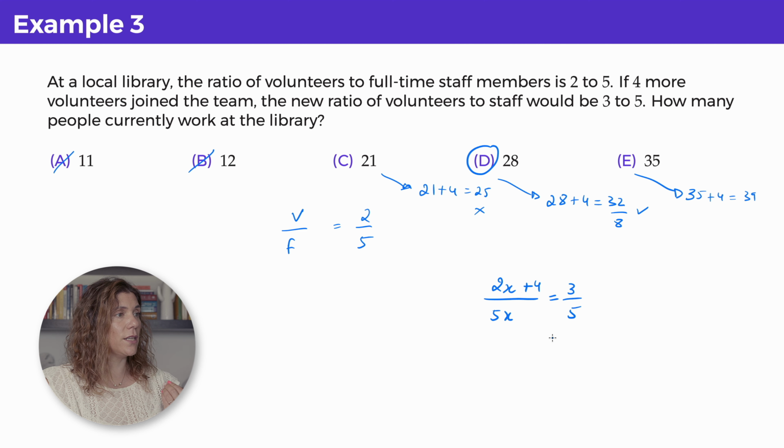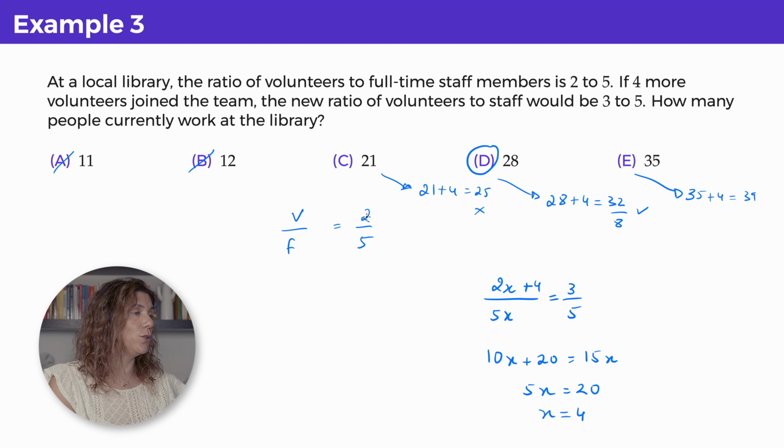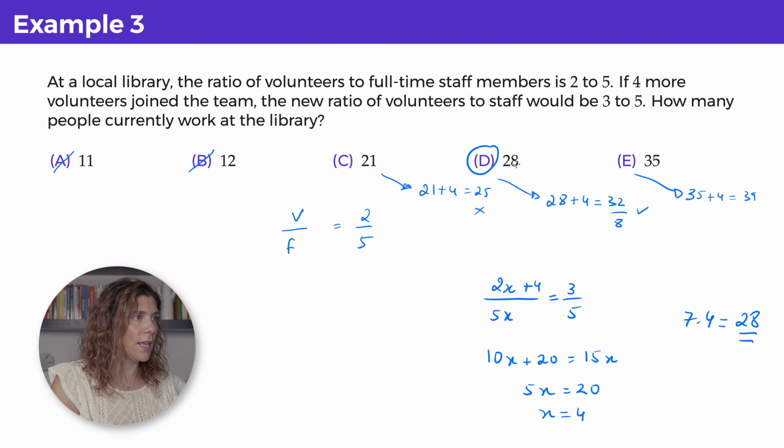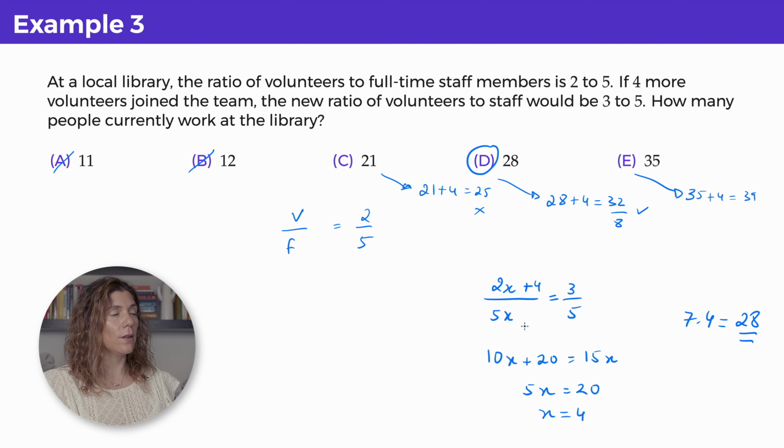So let's solve this equation to understand what is the value of x. So 5 times 2x plus 4 is going to give us 10x plus 20, and now 5x times 3 is going to give us 15x. So you have 5x is equal to 20, x is 4. So now we have a total of 2 plus 5 people times 4. So 7 times 4 would be the total number. That means 28, the same result we had before.